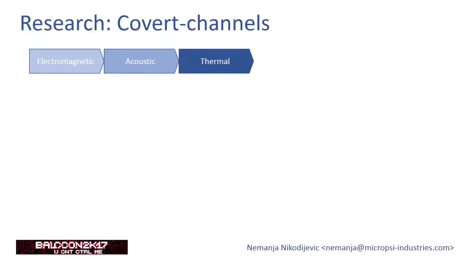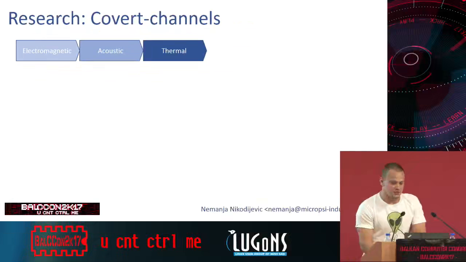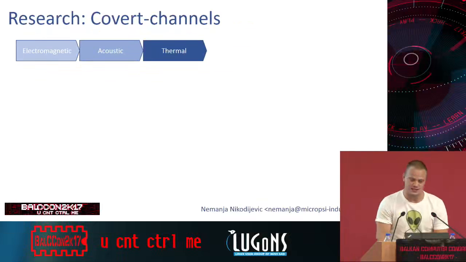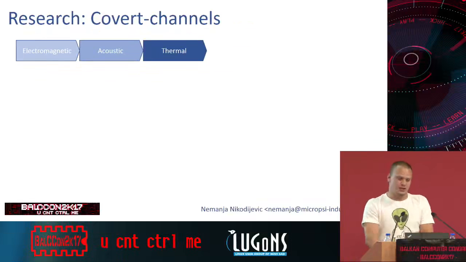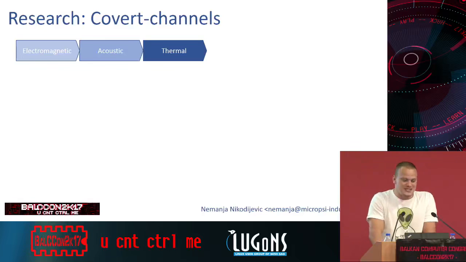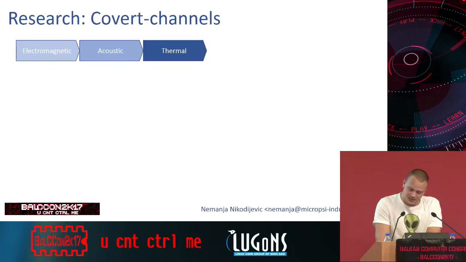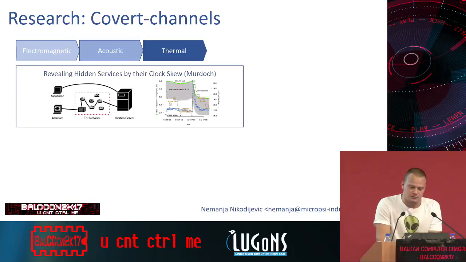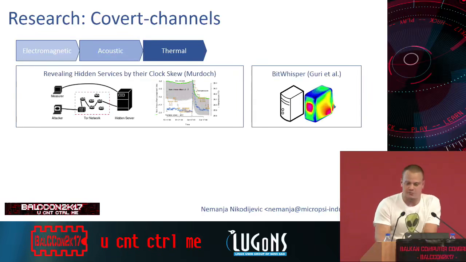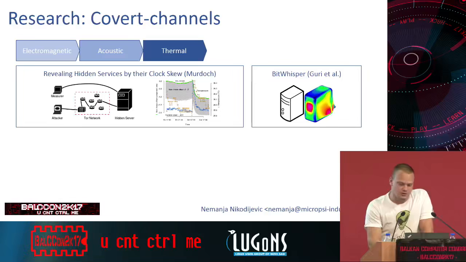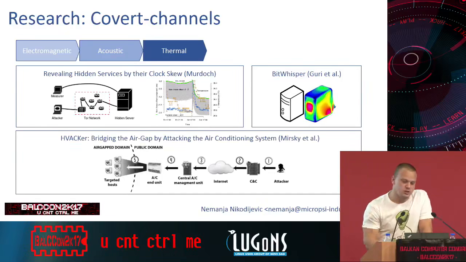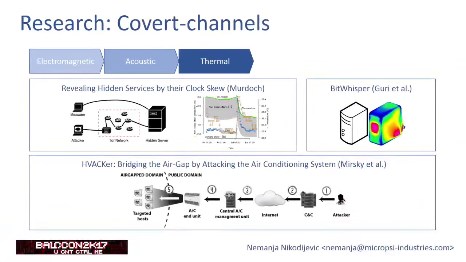Then thermal. These kinds of emanations are really slow because temperature, of course, cannot change as fast as sound or radio waves. But still, there are some interesting papers, again by Guri and Murdoch, on how to use these channels to bridge the air gap. This third paper is from the same group as the second one.